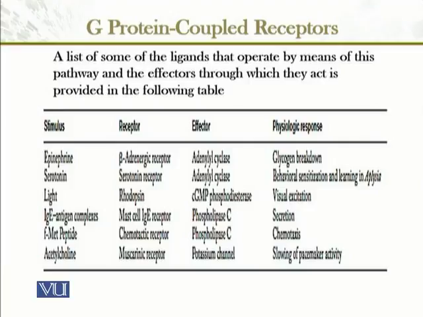All these different stimuli have been tabled and indicate the effector which is required. For example, for the light, rhodopsin, you get cyclic GMP phosphodiesterase and so on and so forth.